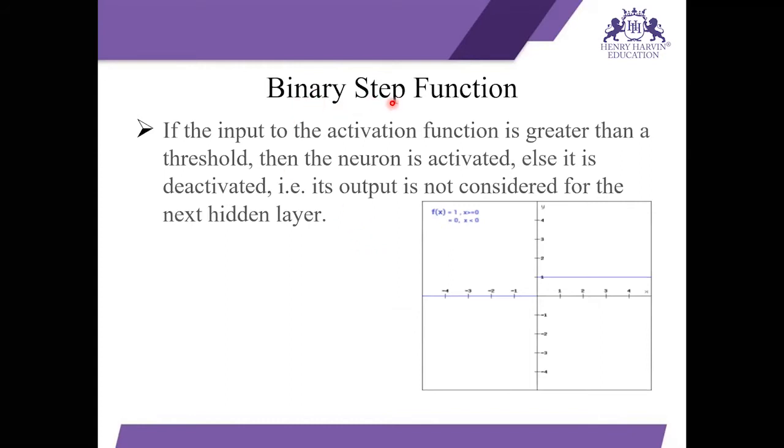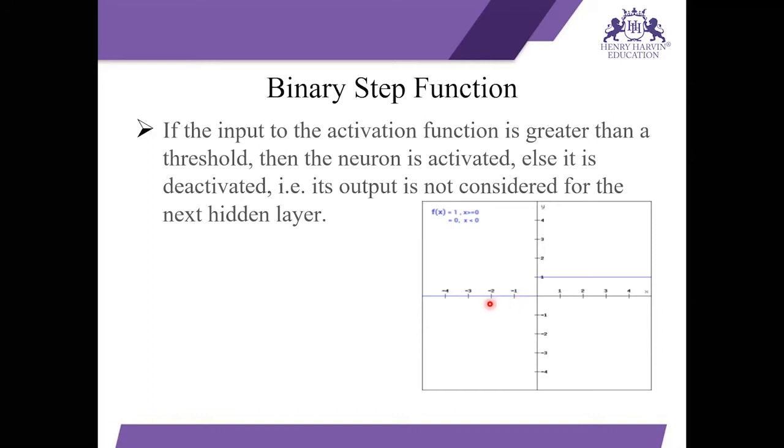The first one, let's discuss binary step function. Let me tell you in simple words, if the input to the activation function is greater than a threshold, then the neuron is activated, else it is deactivated. That is, its output is not considered for the next hidden layer.